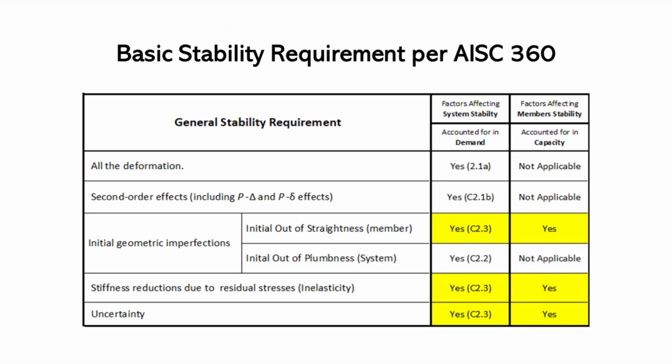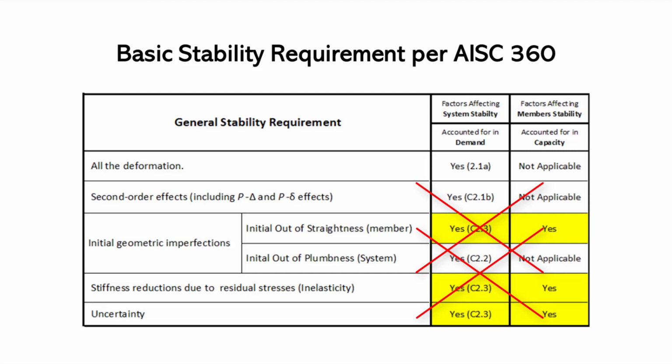So in pre-2005, we were considering the initial geometric imperfection and the inelasticity due to the residual stress in the calculation of the member capacity. Just recall our discussion on the column curve consideration. But in pre-2005, we were not considering its effect on structural stiffness and the corresponding response.